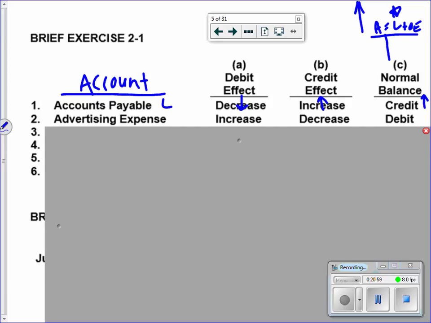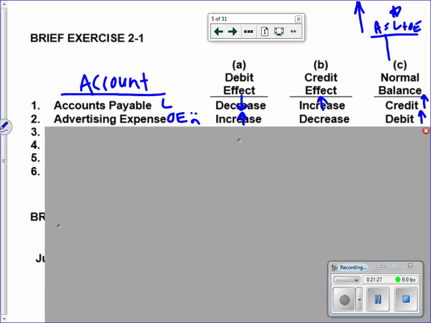Advertising expense is an OE that's naughty. Let's come over to the normal balance side. Normal balance side, it's under OE, but it's naughty. It doesn't follow the right rules. So it's actually a left or a debit-based account. So debit is where you will see the increase.